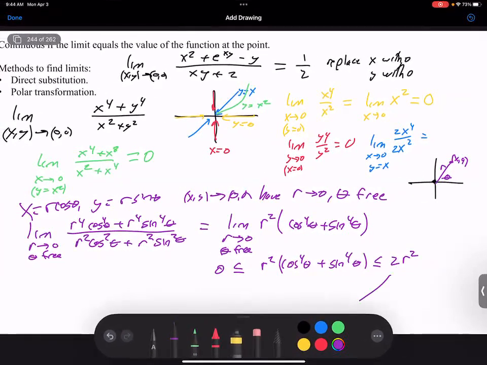So if I now look at what happens as r goes to 0, what does 2r squared go to? As r goes to 0, 2r squared goes to 0. And what does 0 go to as r goes to 0? Well, that just goes to 0 as well. So this is the squeeze theorem.